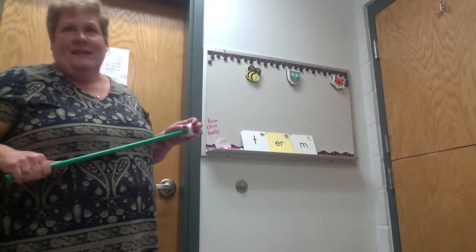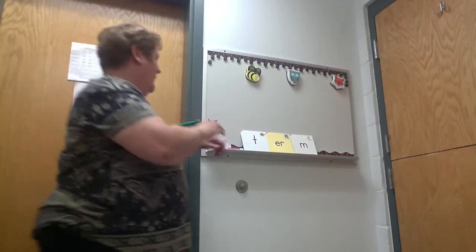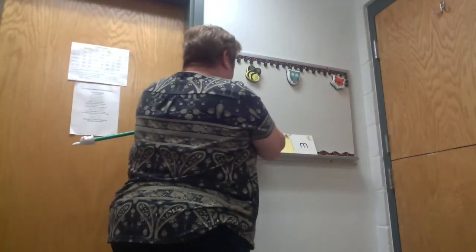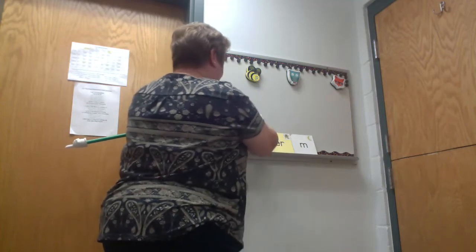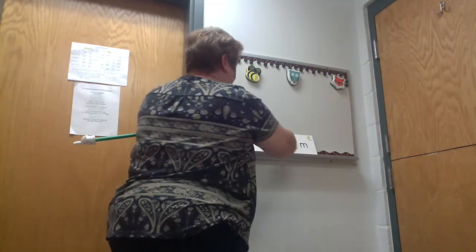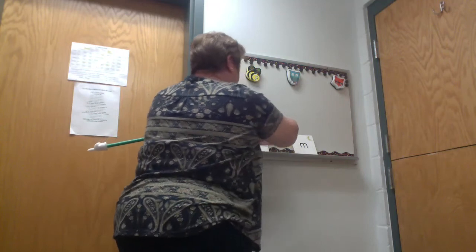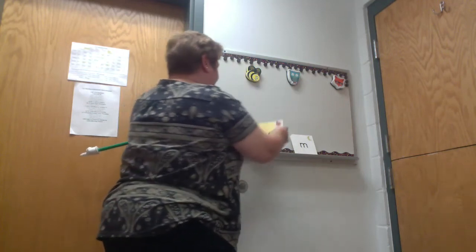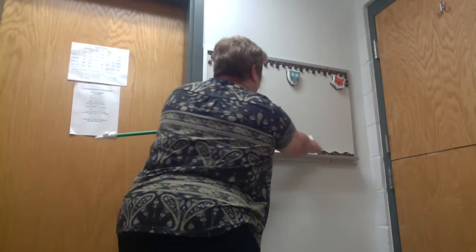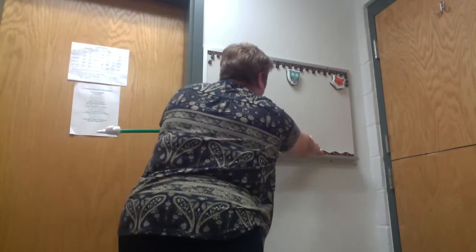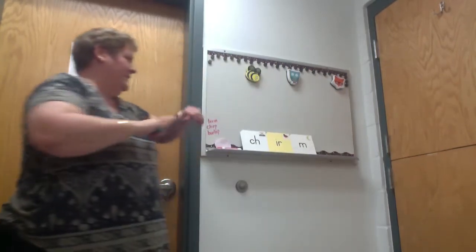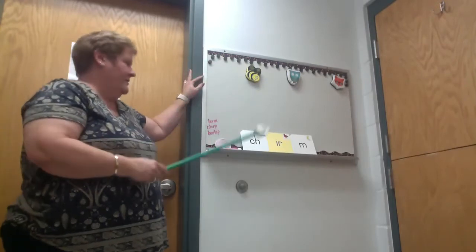Let's blend together another word. Let's see what we have. Let's change all three cards this time. Let's leave that final one for just a second. We'll change the final consonant in just a minute.